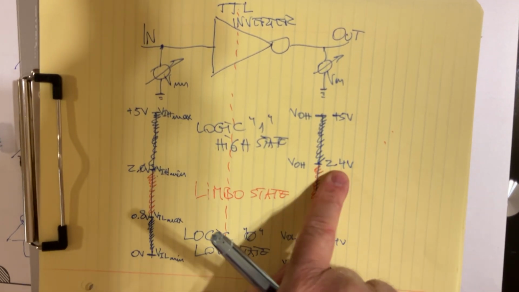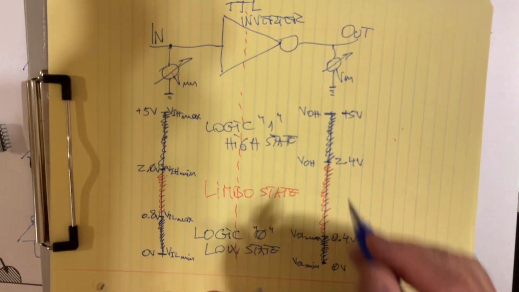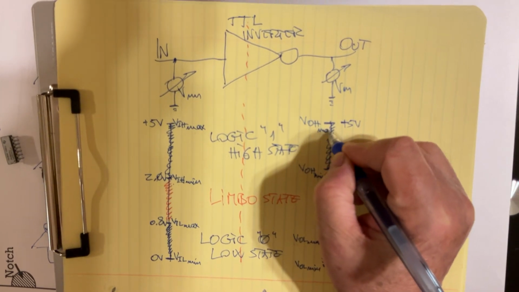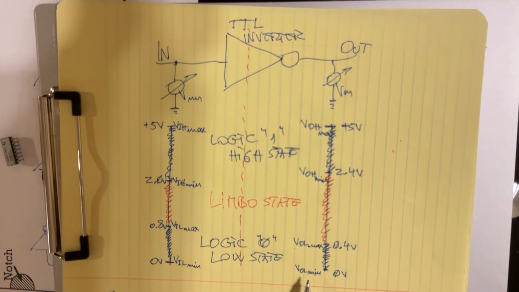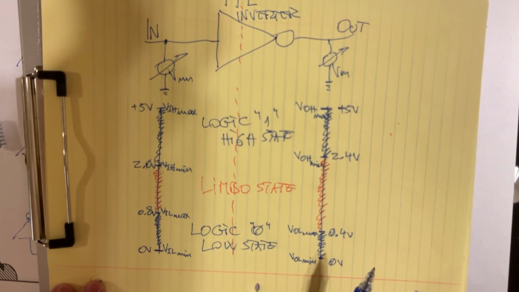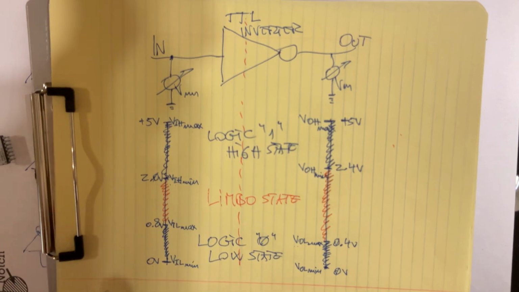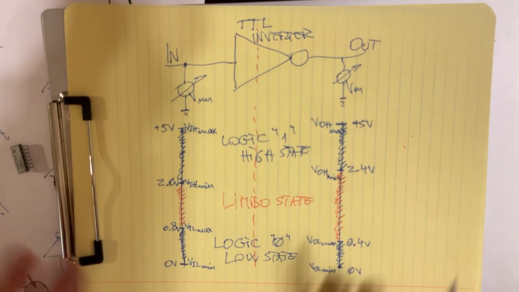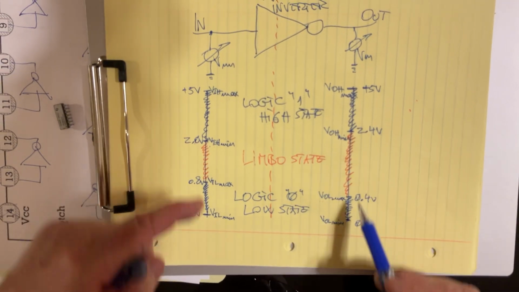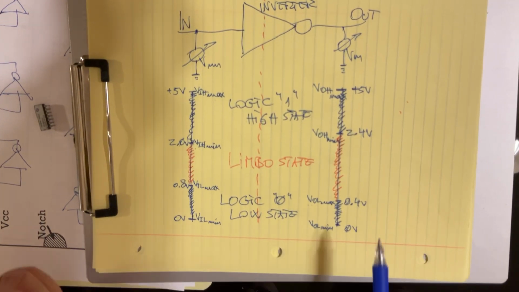And the lowest possible value considered logic 1 is 2.4. This is the minimum, MIN, and this is the maximum. So this is the actual situation when you take measurements. You should consider input and output separately because the ranges for these logic states are not the same.